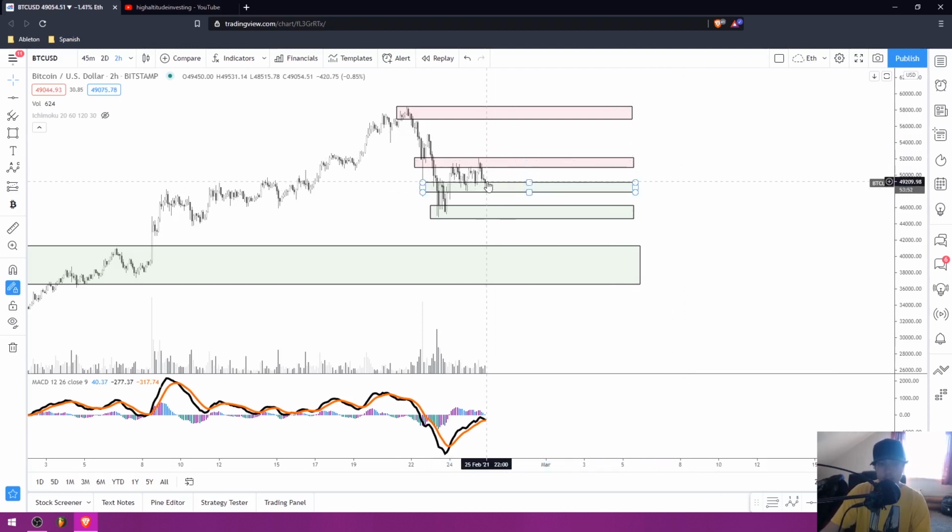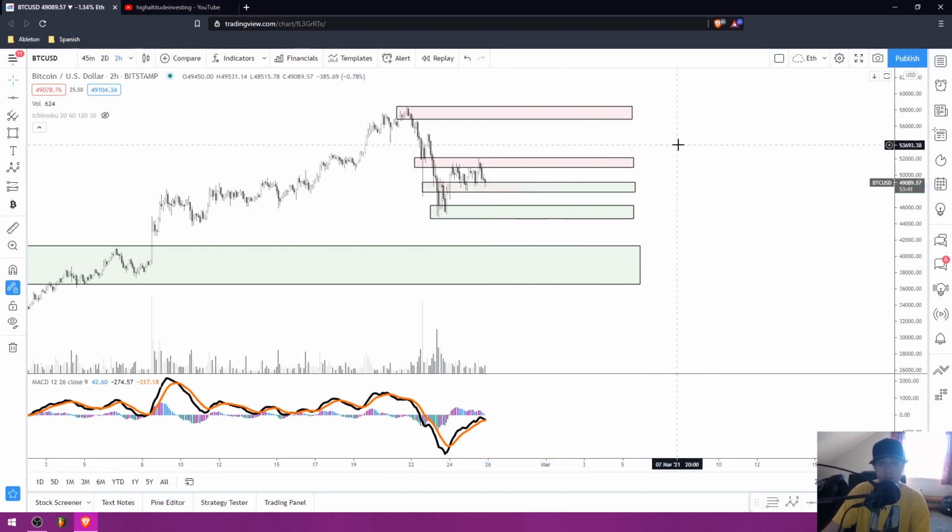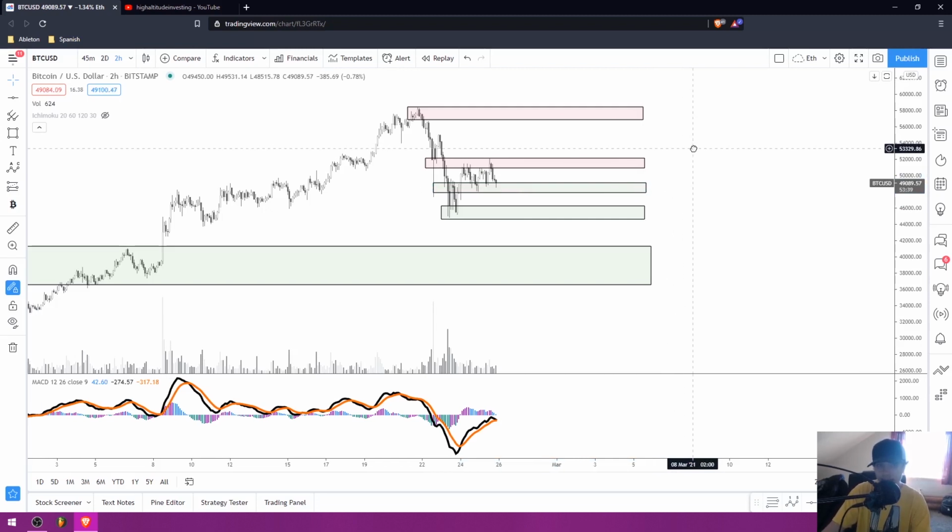So we want to see this support level fail, decisively fail, and then become a resistance level. So then we would go ahead and mark this as red because it would be resistance at that point. However, we have not felt that support level yet.